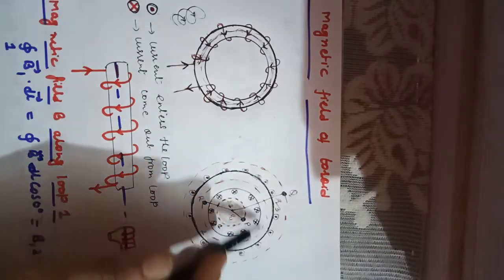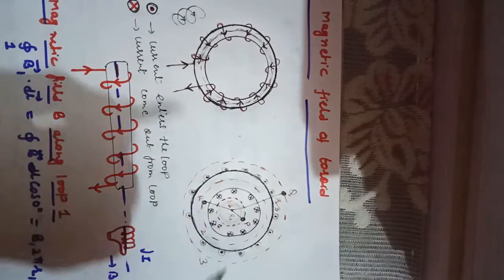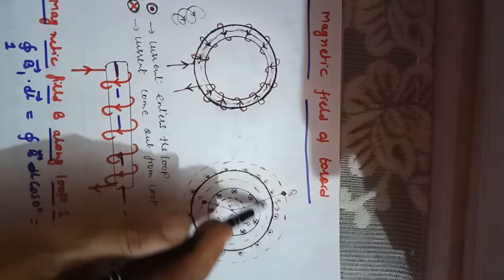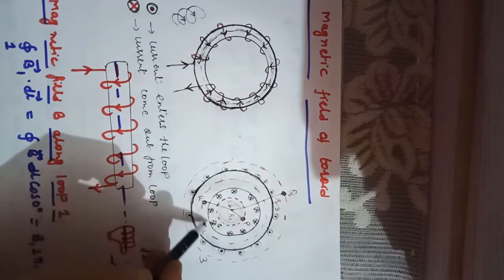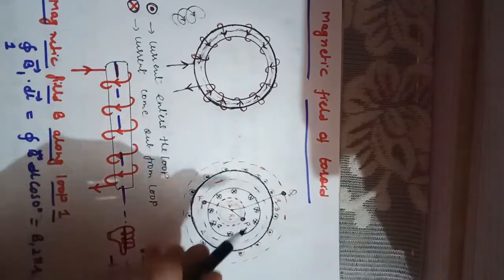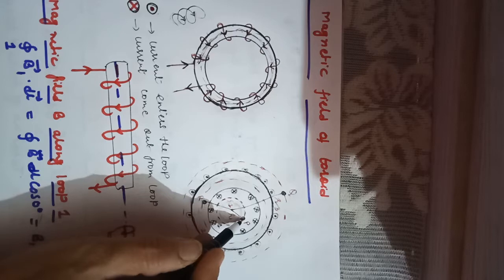So here I have drawn this diagram. See this diagram. This is the outer circumference of the toroid, this is the inner circumference of the toroid, and this is the axis of the toroid. Now we have taken the point P, which is lying inside the toroid, and here you have to find out the magnetic field.